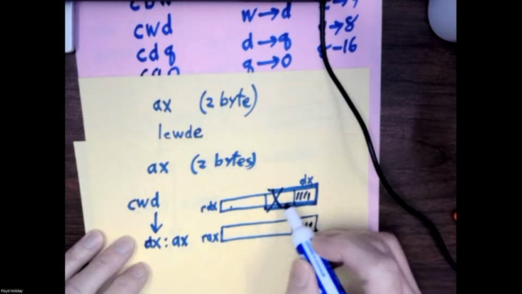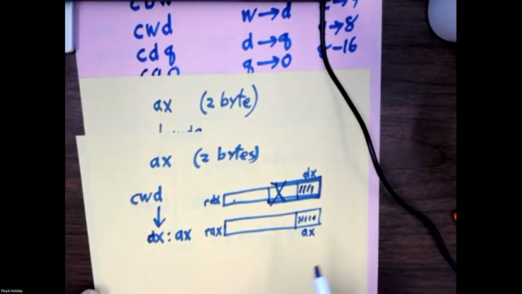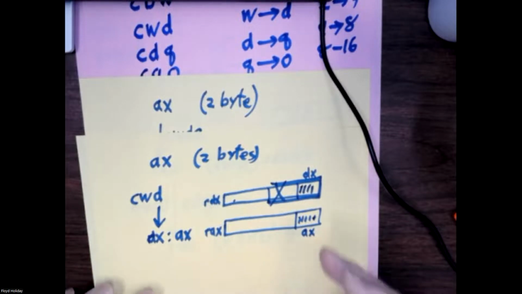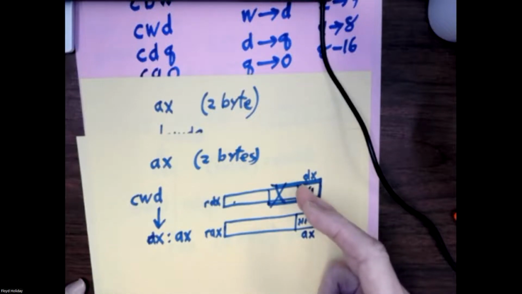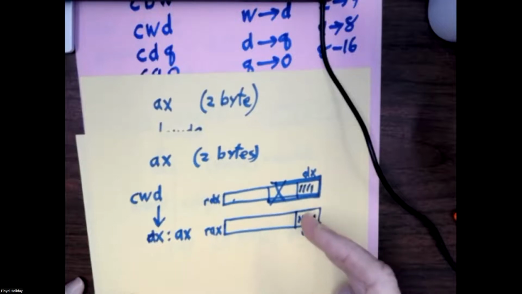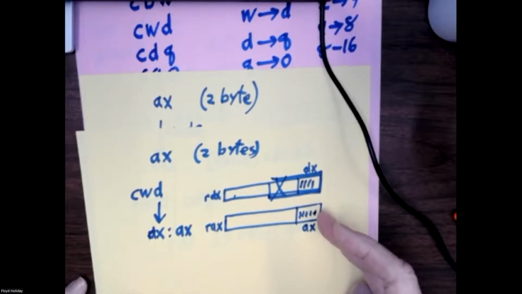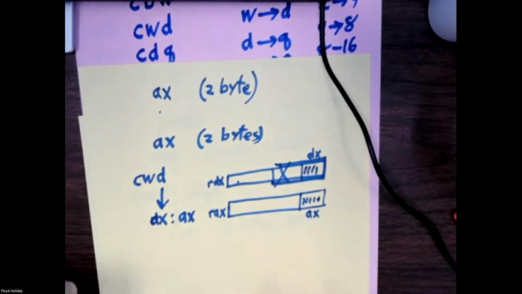It never touches the rest. The outcome is you have a 4-byte number split over 2 registers. The high order bits, most significant bits, are in DX, and the least significant are in AX. Wow, I'm having a hard time saying that.